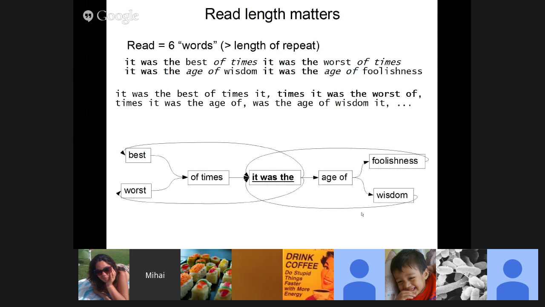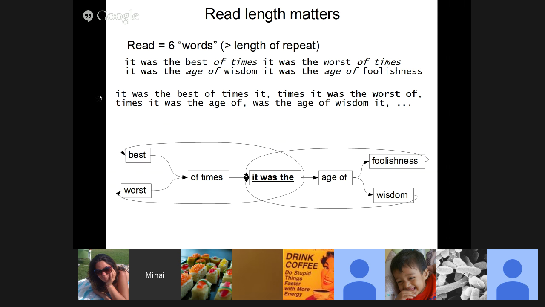Okay, so one thing that should be clear is that if I had longer pieces of DNA that I reconstruct, I should be able to do a better job. So if I'm looking at the same picture that I showed you before, where I was very confused about whether it was the best of times, it was the worst of times, it was the age of wisdom, or it was the age of foolishness, I couldn't tell if I just used strings of length 4 words.